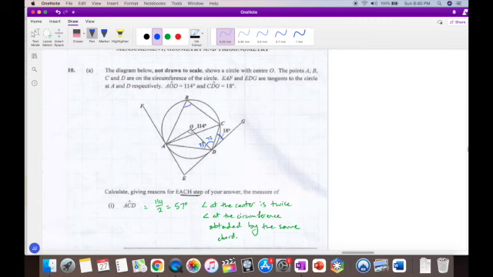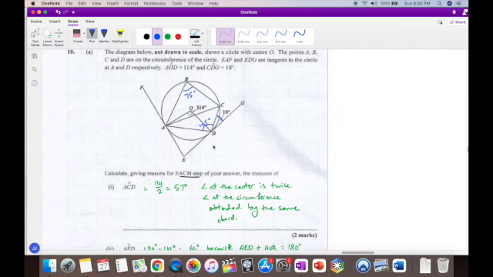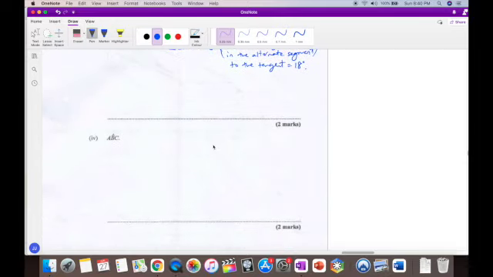So 72 plus 33 is equal to 105. So this angle here is 105 degrees. So the angle ADC is 105 degrees, and opposite angles in a cyclic quadrilateral are supplementary. They add up to 180 degrees. So 180 minus 105 gives us 75 degrees over here, right? So we have 75 degrees, we have 105 degrees over here. So the angle ABC is 75 degrees.